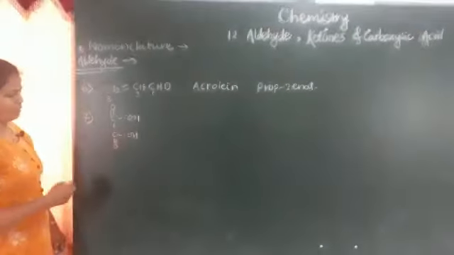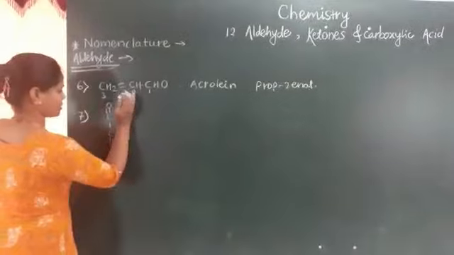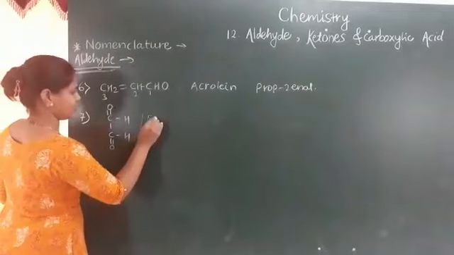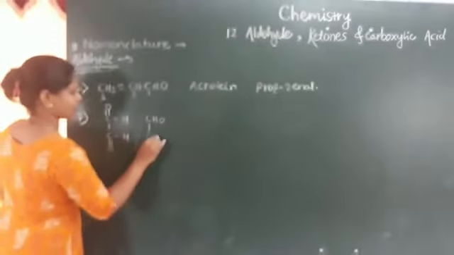Seventh one, we have seen the example COOH, COOH. Now here the OH group, hydroxyl group, is replaced by H, then the example is written as CHO CHO.